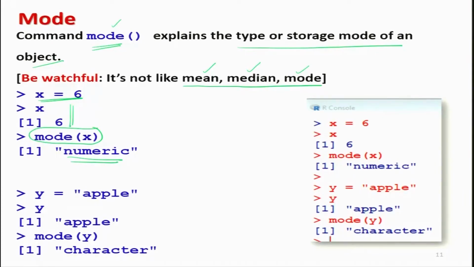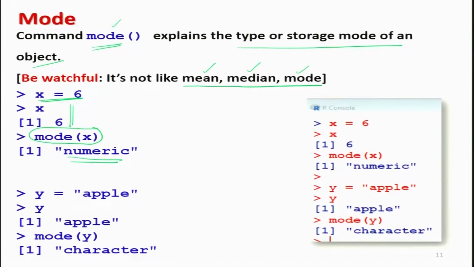So, be watchful. In your childhood, you have learned chapters like modes of transportation. You say there are different ways of transportation: you go by ship, by air, by train, etc. So this mode is like that mode, it is not the statistical mode where you try to find the value corresponding to the maximum frequency.